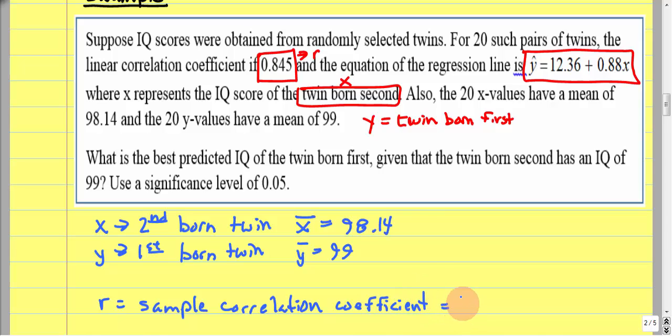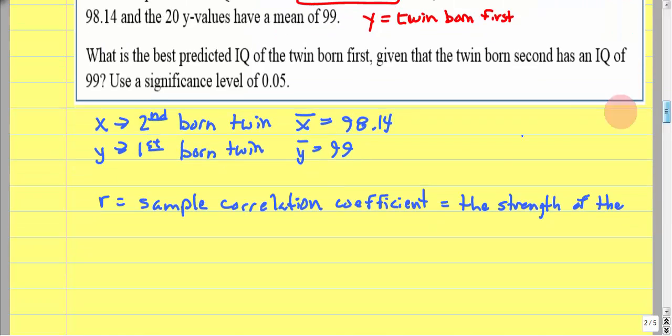This is the strength of the linear relationship or the linear correlation. Now notice we're using linear.